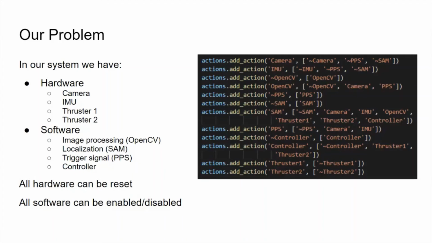And then for each of these hardware and software systems, we define all of the possible actions and their preconditions. And then using this system, GraphPlan is able to work with an initial state that is provided and provide a solution, which is a set of these actions that will reach the goal state. And the goal state in our case is to have everything operational.